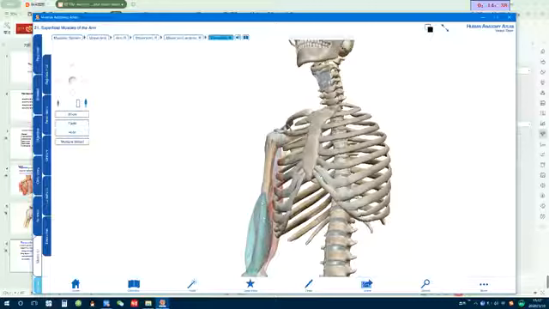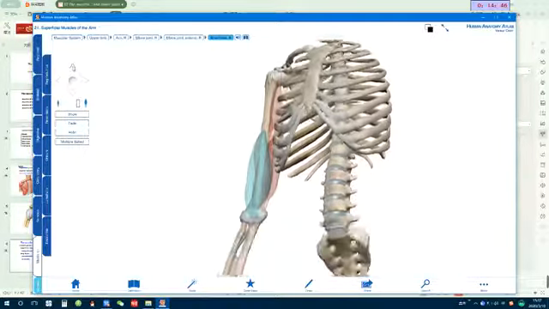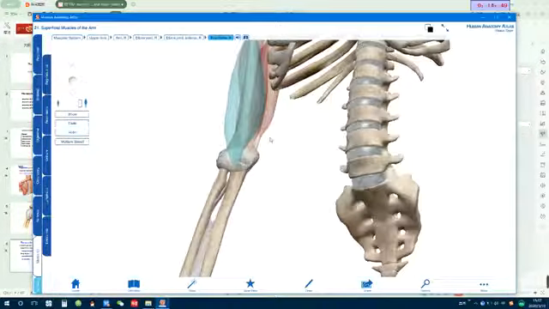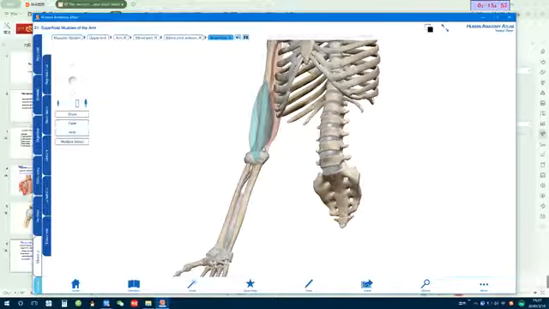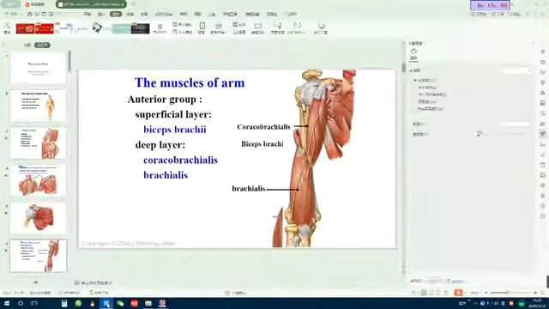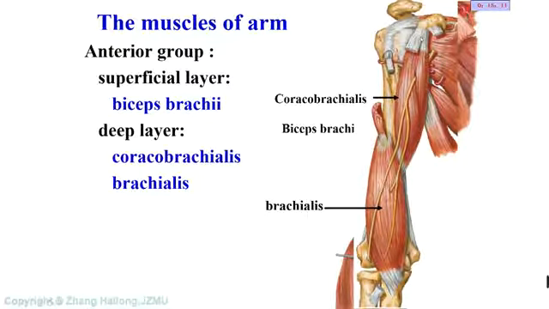Another muscle is here, from the middle of the humerus, then goes downwards. Finally, it will end here on the ulna, the superior part of the ulna. And this muscle is brachialis. Okay, now let's see. You see, the superficial layer is biceps brachii, with the long head, short head, and under it, coracobrachialis and brachialis.